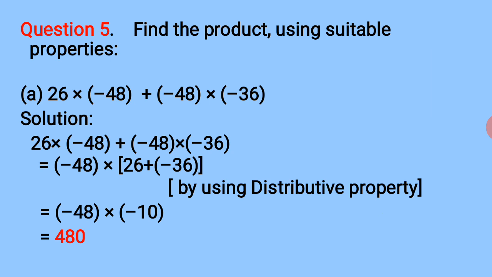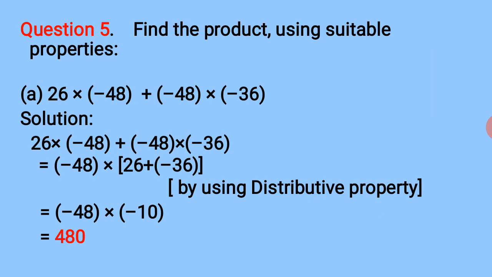But children, look at the numbers. 26 multiplied by 48 is a big job. Then you have 48 multiplied by 36, with negative signs obviously. Again a big multiplication. Then you will have two big numbers to be added. So it is tedious and time consuming. A lot of multiplications to be done.